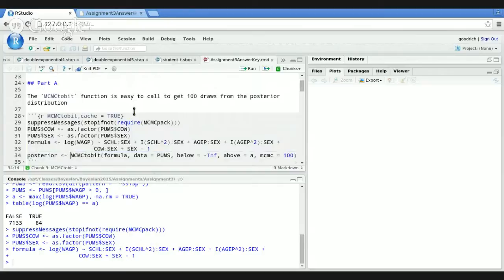There's an MCMCtobit function in MCMCpack, which is essentially as easy to use as the lm function. The only additional thing you need to specify are the censoring points. None of these observations are censored from below. Some of them, 84 of them, are censored from above at the value A. And we're not going to be worried about other forms. This is essentially a missing data problem for the people who are top coded.